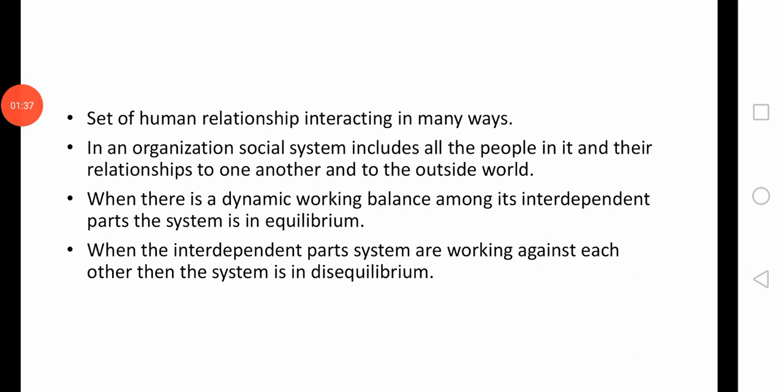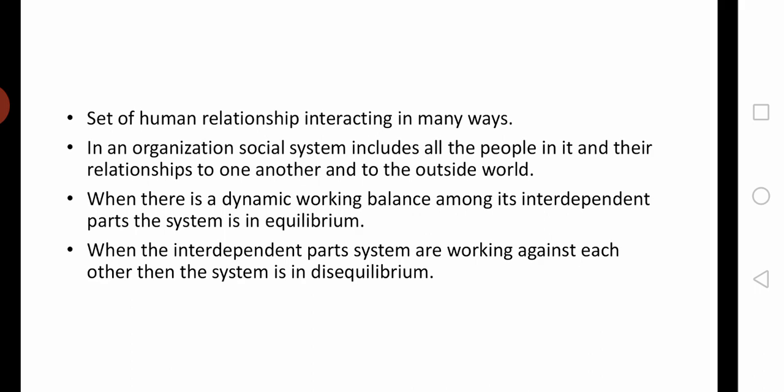Now in the system there can be a problem with the team members, or it can run very smoothly. It depends upon the people who are there in that team. If the system is balanced, it is known as the system is in equilibrium.